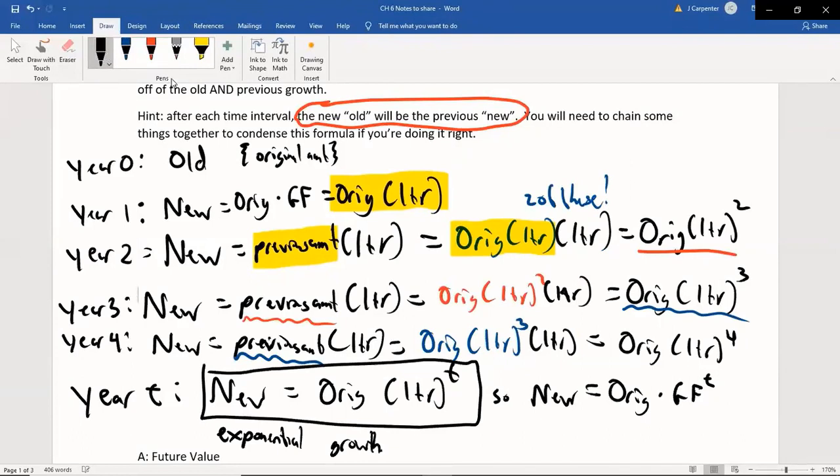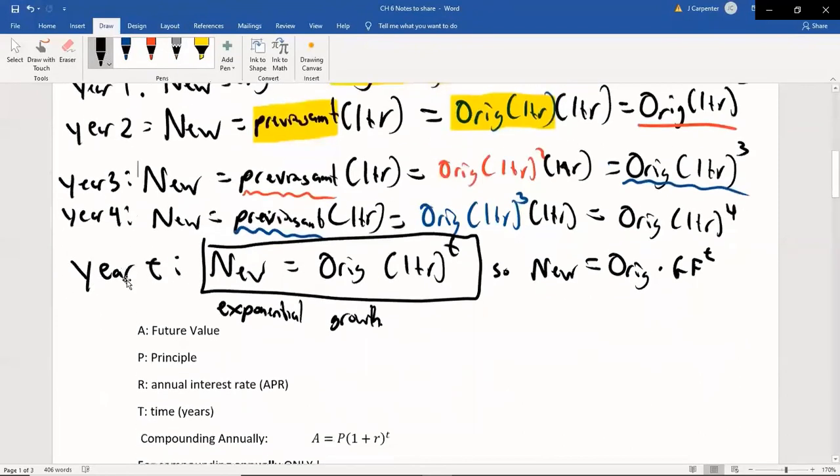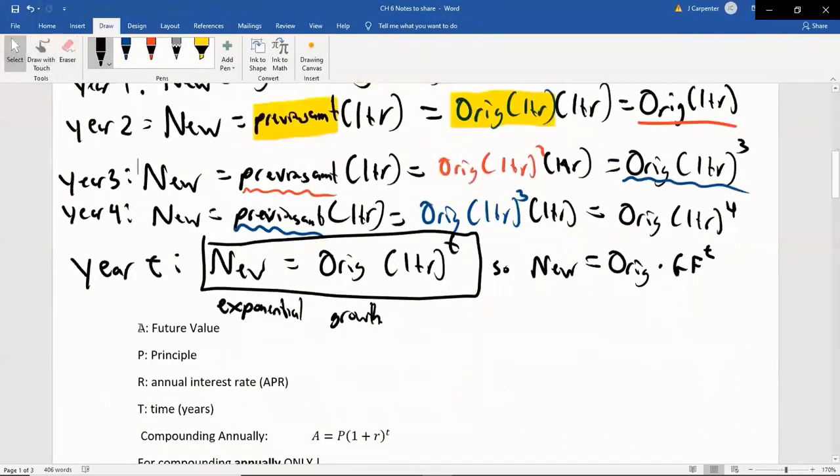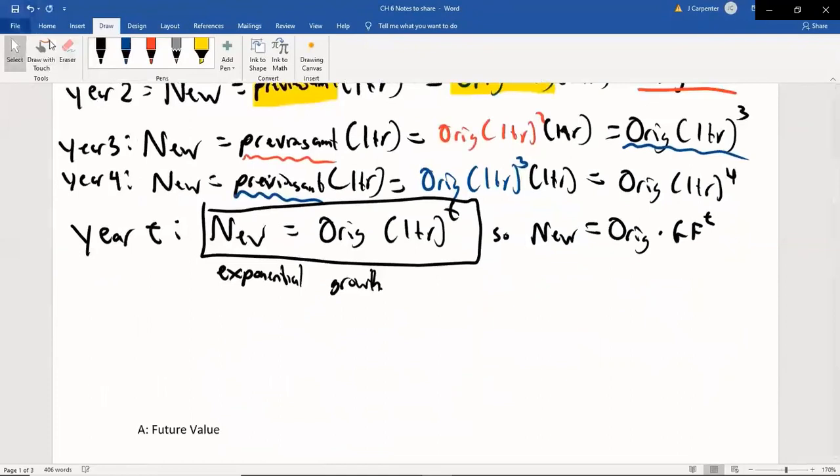Its picture is not a line, it bends. And I will show you what that bending looks like in just a minute. So what this will do for us is allow us to find any year t without the iterative process.